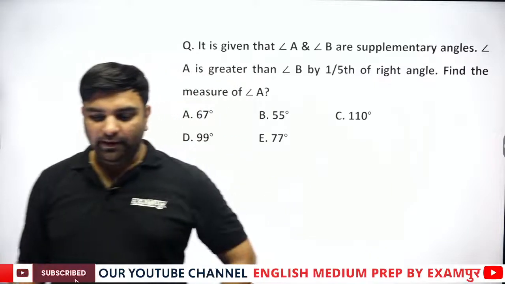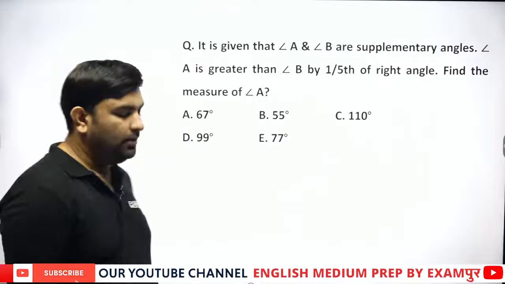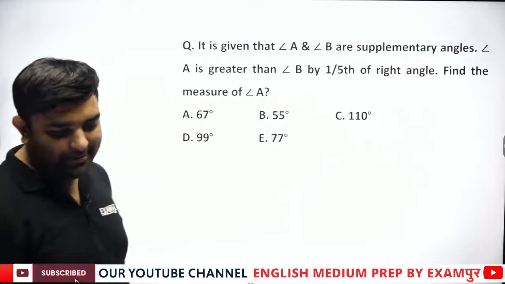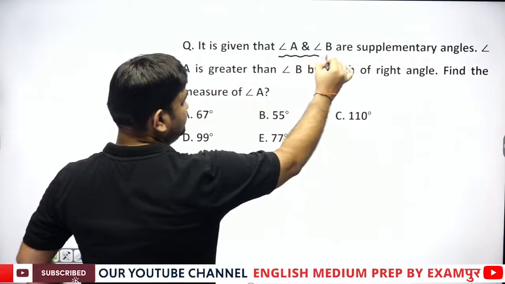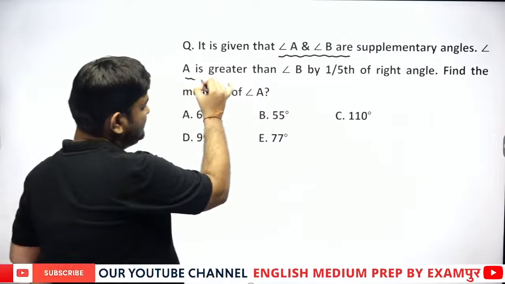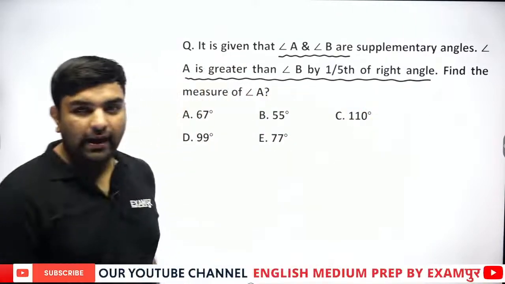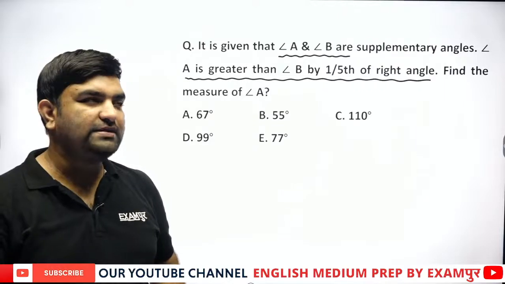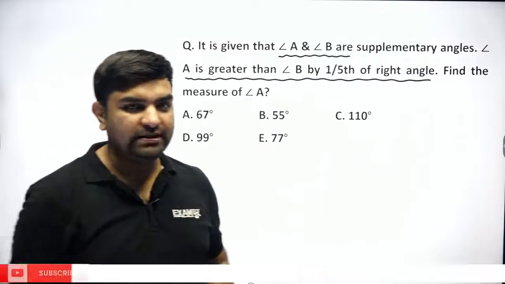A and B are supplementary angles. A is greater than B by 1/5 of a right angle.